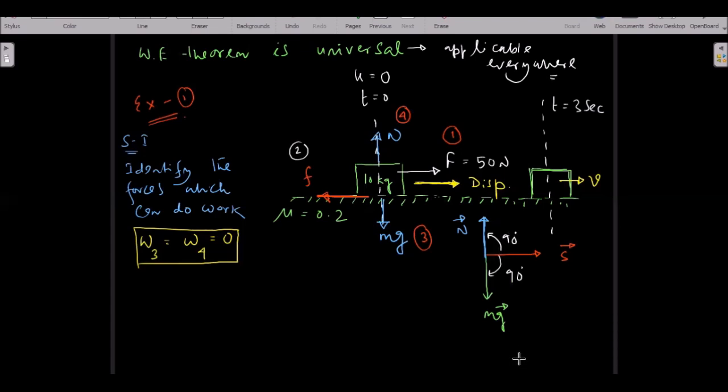So both mg and normal reaction are forming 90 degree angle with displacement. That's why work done by both the forces is equal to 0. So actually how many forces are doing the work? Friction and external force.